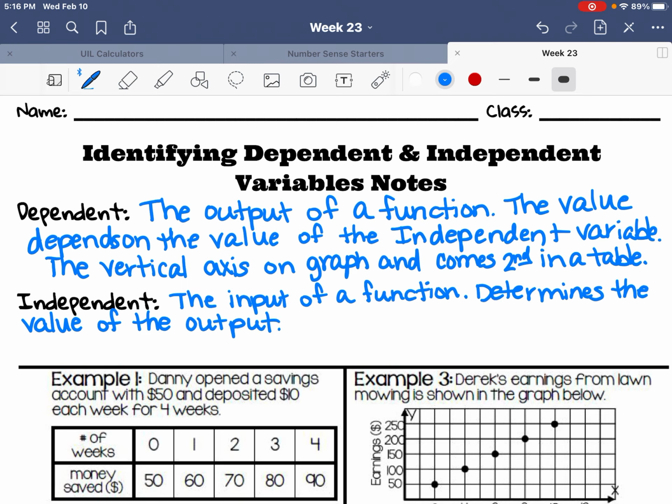So it's the input of a function. The independent value or variable determines the value of the output.